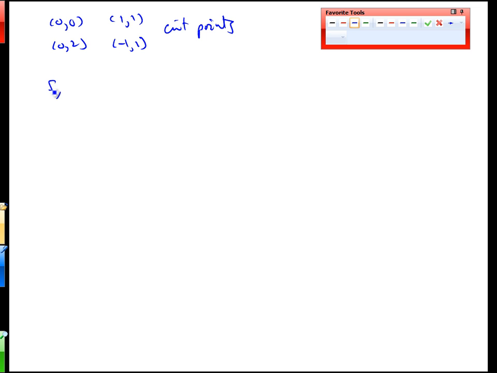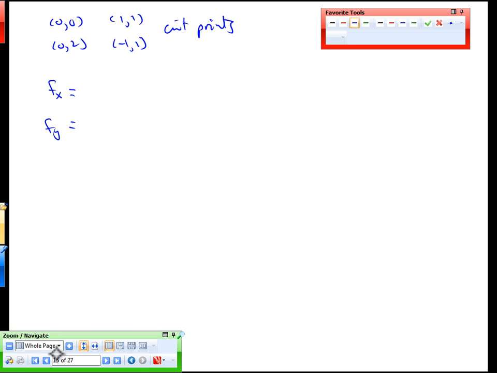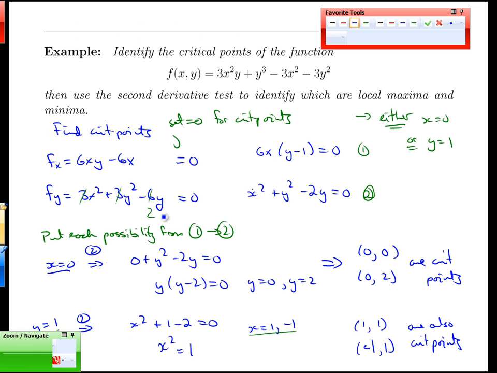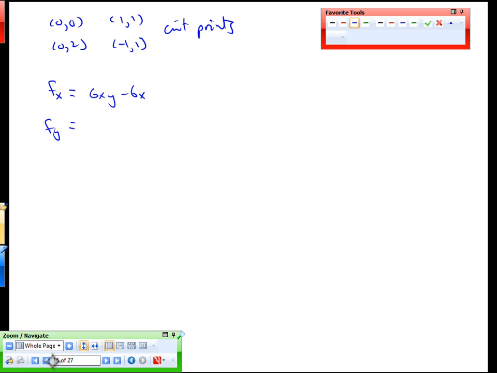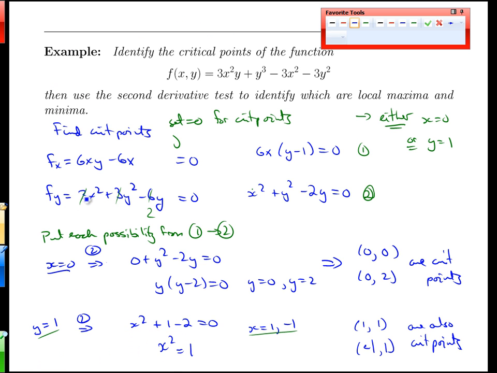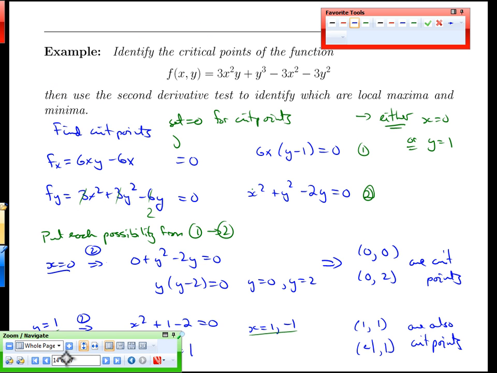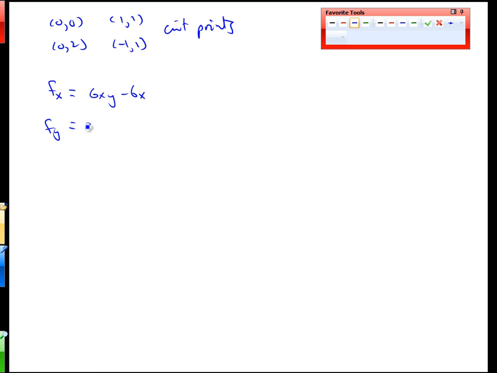We had our x derivative and our y derivative, and I just need to remind myself of those. 6xy minus 6x. And the y derivative was a little more complicated: 3x squared plus 3y squared minus 6y.